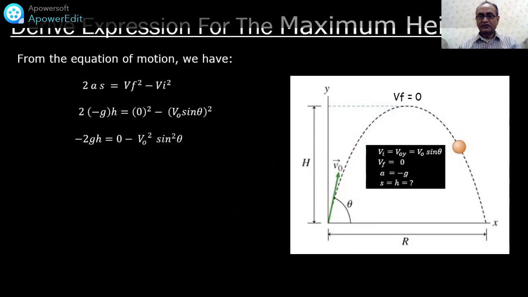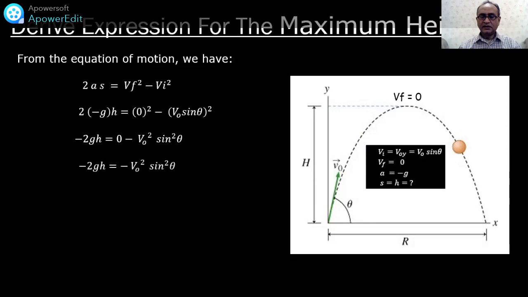Solving, minus 2gh is equal to the square of 0, which is 0, minus, and V naught sine theta squared gives V naught square sine square theta. Never write sine theta square. You have done this in your math class, right?